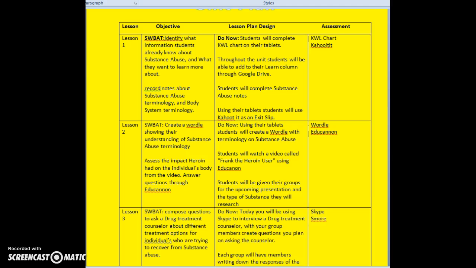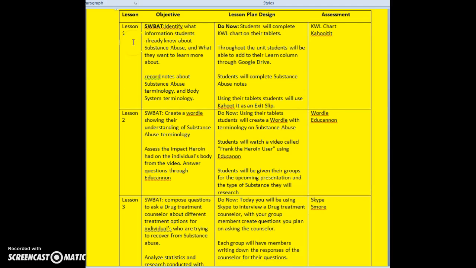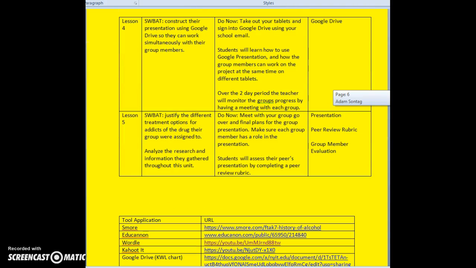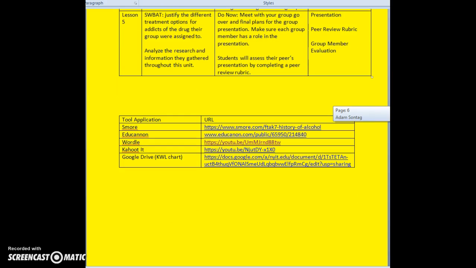Here's a unit plan, breaking down each lesson, the objective for students, everyday start, what do they do now, and we have an assessment, whether it be a KWL chart, an exit slip, a written response, or a video that has questions throughout. At the end, students will give a presentation. They'll do a peer review rubric and a group member evaluation, which we'll see later on.